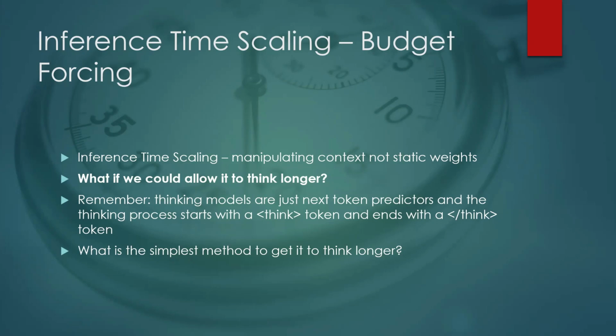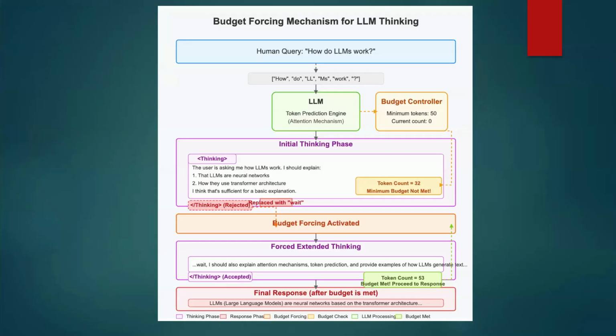What they came up with was super simple. And all they did was exactly that. Yeah, they just ask it to think longer. And so they basically created a minimum budget of tokens to think. And if the thinking process didn't meet the budget, all they did was they replaced the last think token with the word wait.